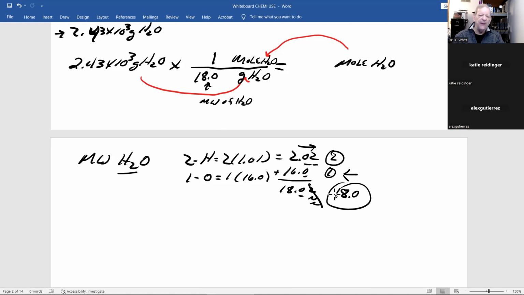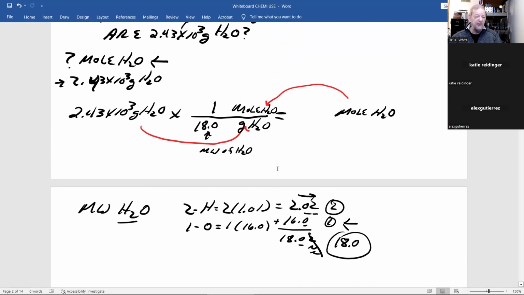And now, before I pick up my calculator, I'll check my units so they cancel out. Grams of water divided by grams of water. Anything divided by itself becomes the number 1, cancels out. So I'm left with moles of water, the right unit.